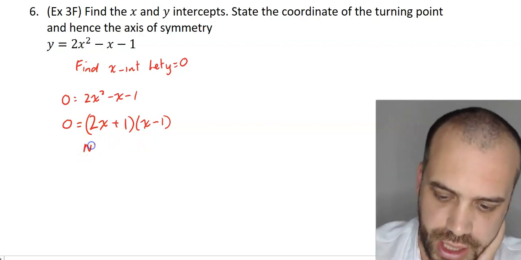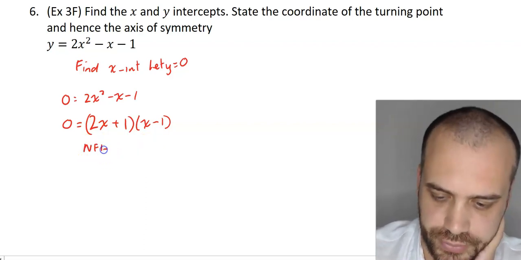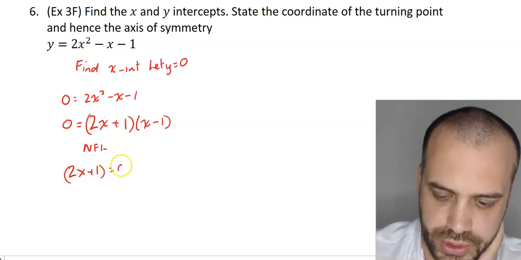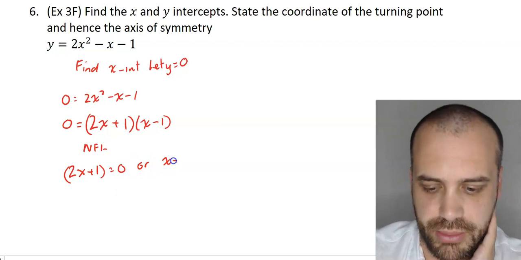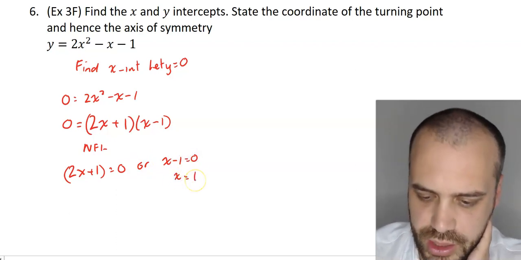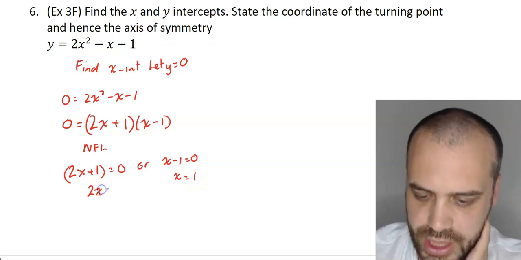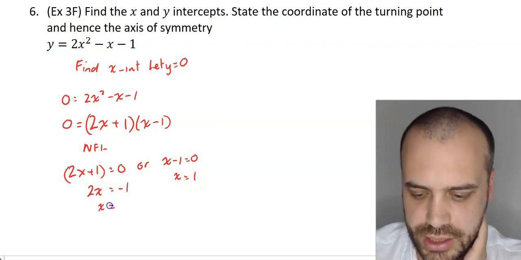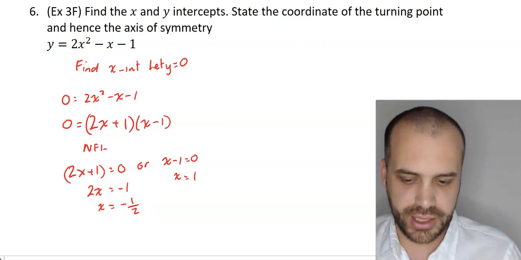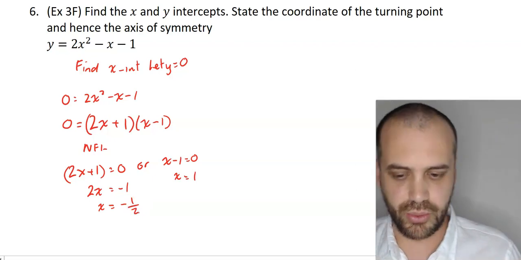And using the null factor law, we can say that 2x plus 1 equals 0, or x minus 1 equals 0, which means that x equals 1, or 2x equals negative 1, x equals negative 1/2. So they are my x-intercepts, negative 1/2 and 1.